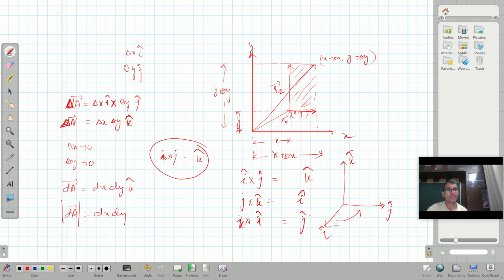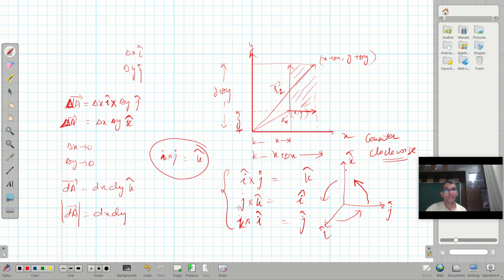If i is moving towards j in the counterclockwise direction, or j is moving towards k counterclockwise, and k towards i, then i cross j is k, j cross k comes out to be i, and k cross i gives us the j vector.